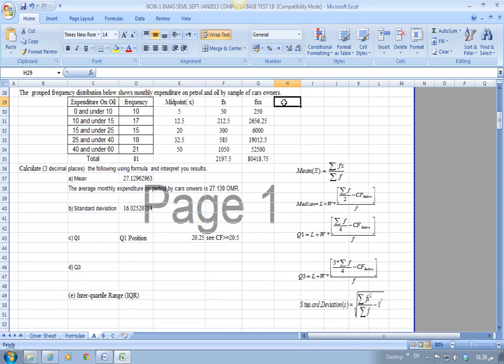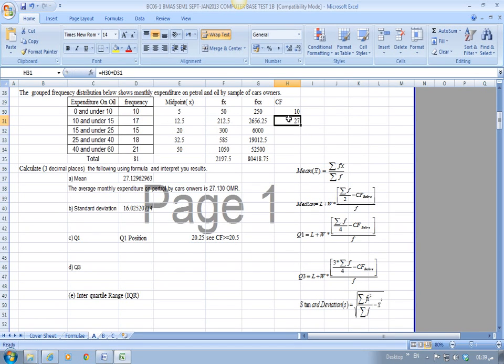Cumulative frequency: the first one is equal to the first frequency, which is 10, so I type equal, click 10, and press enter. The next one is equal to this 10 plus 17, and then press enter.